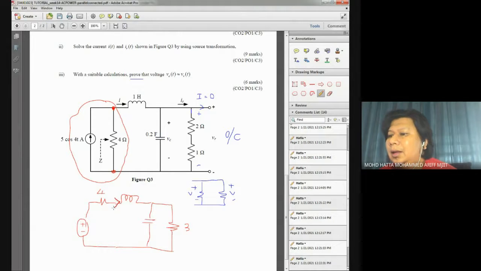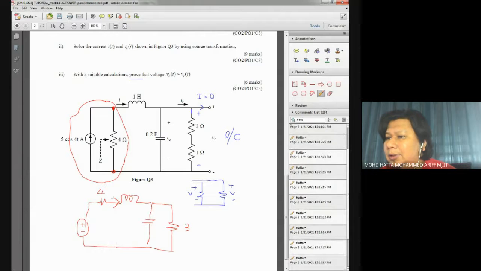The current here, which is considered as I, can be found if you know the total value of your impedance in the circuit. So that is what happened in the solution.